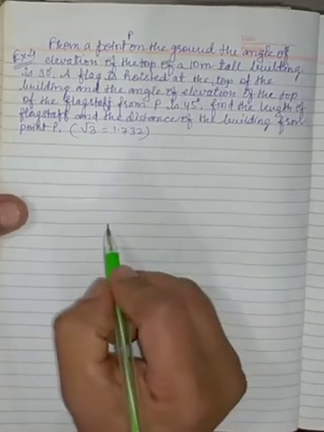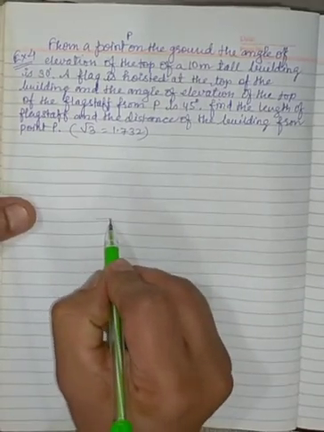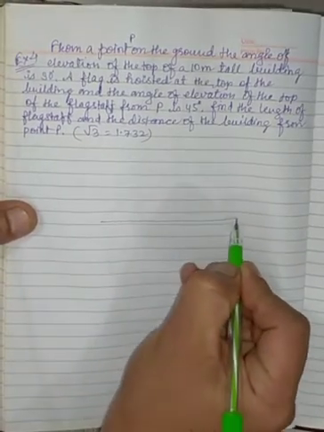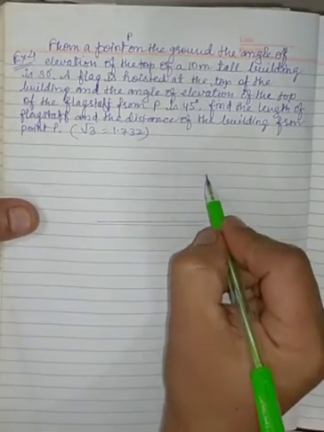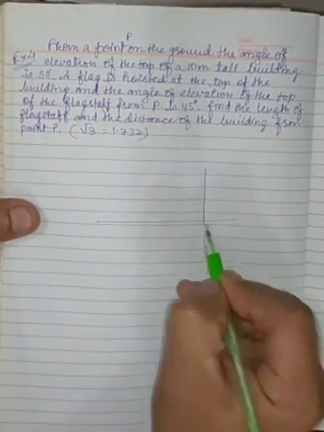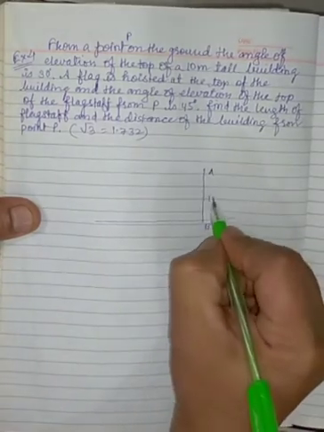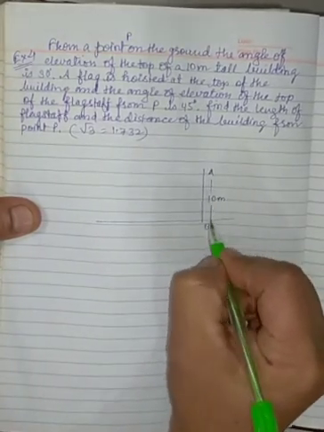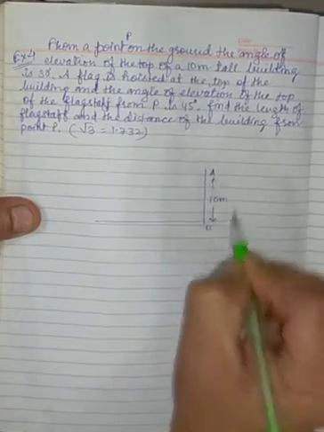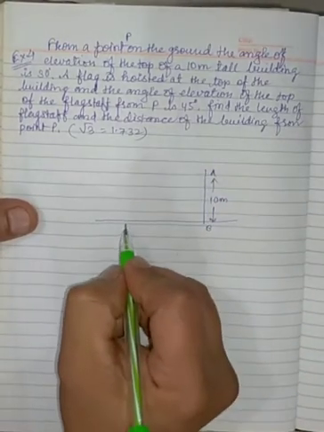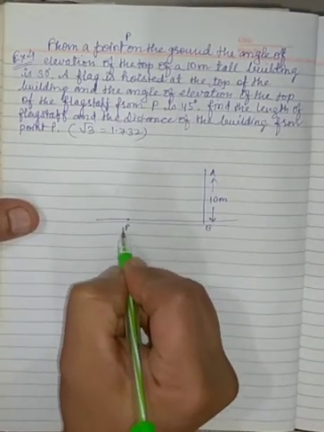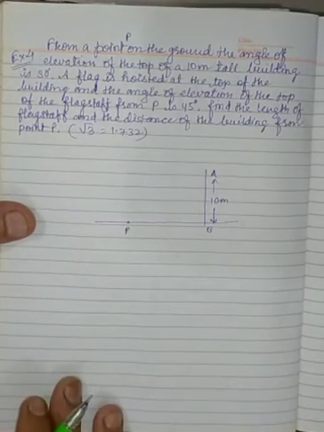So here, to draw the figure, this is the ground. Let AB be the 10-meter tall building. This is the point P from which the angles are going to be made.